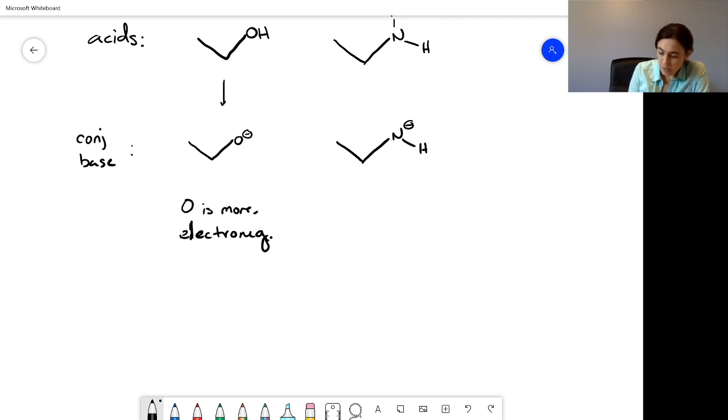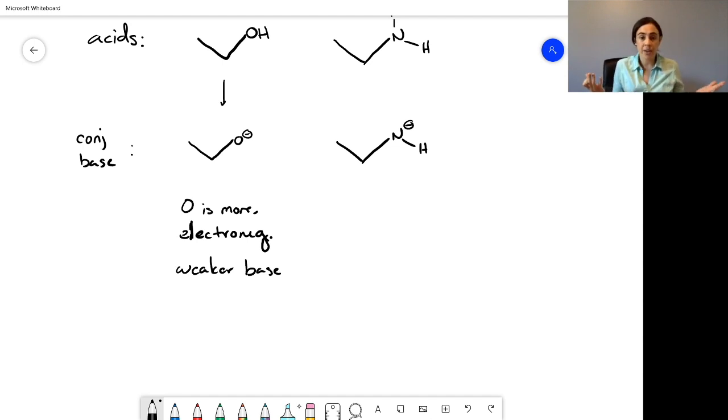Right? So this is going to be essentially happier with the negative charge on it, and therefore a weaker base. Because it's all right with that charge, so it doesn't necessarily need the proton. It's like, I'm okay, I can hang out here, right?